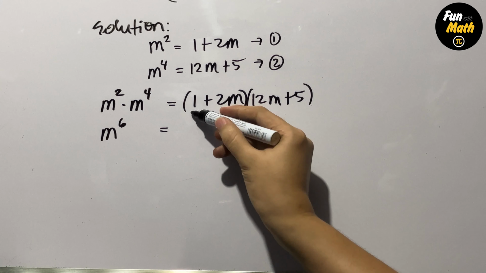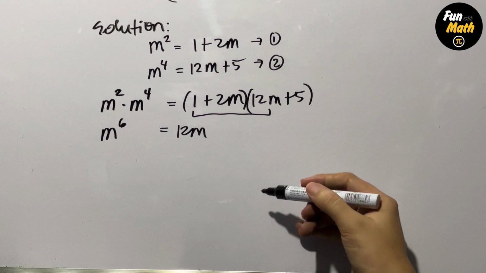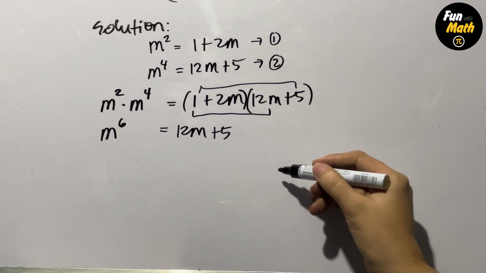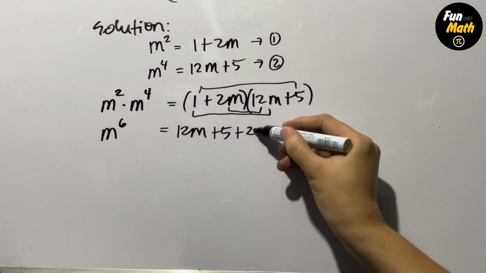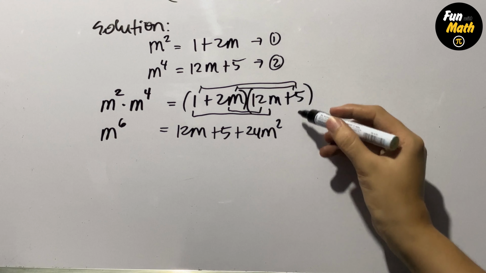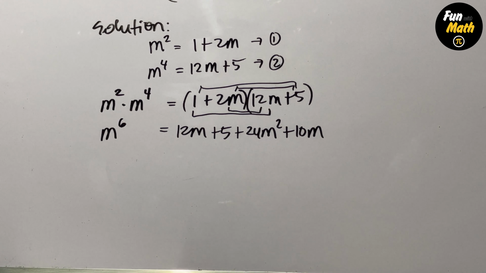So now first, 1 times 12m, that is 12m. Outer, 1 times 5, that is 5, plus 5. Inner, that is 2m times 12m, that is plus 24m squared. Last is 2m times 5, that is plus 10m. Next, combine like terms.